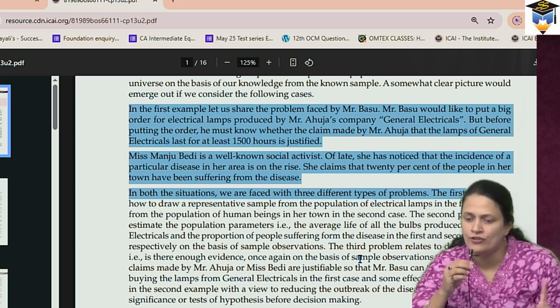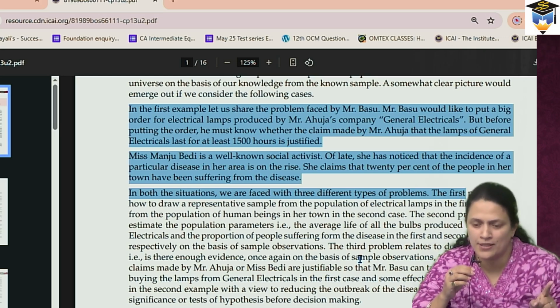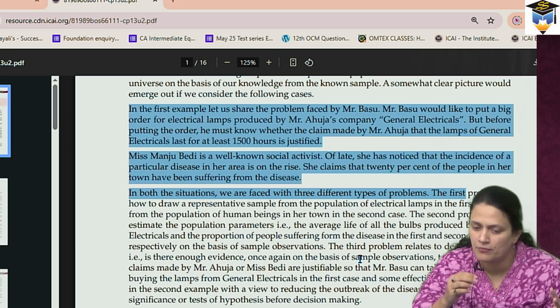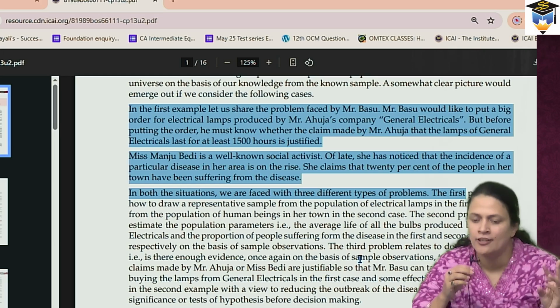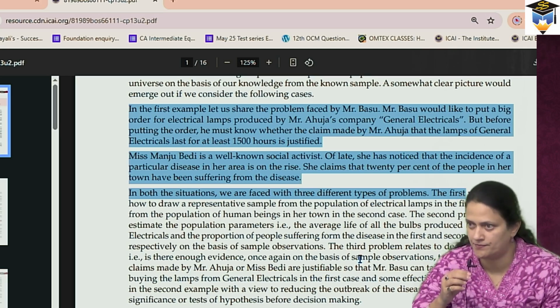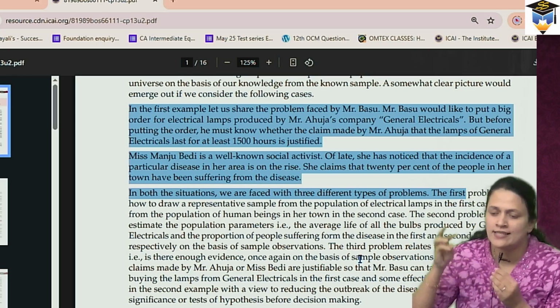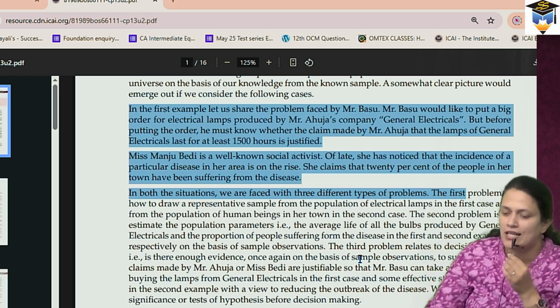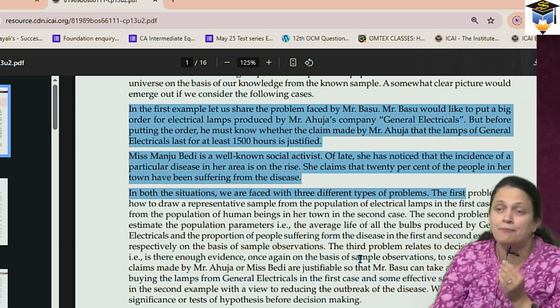So the first problem was finding a representative sample, the second was estimating the parameter, and the third was having enough evidence. All these three problems are solved by sampling.